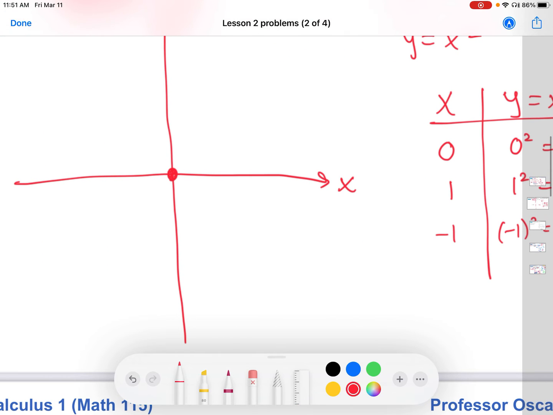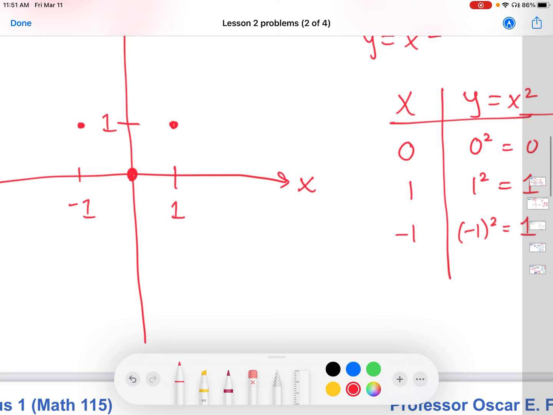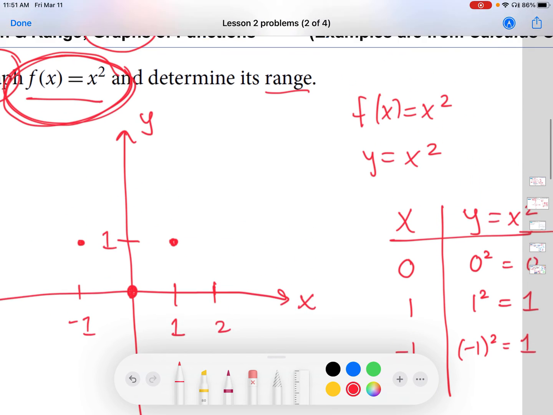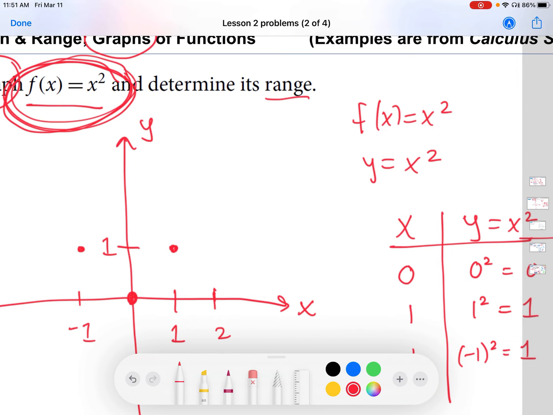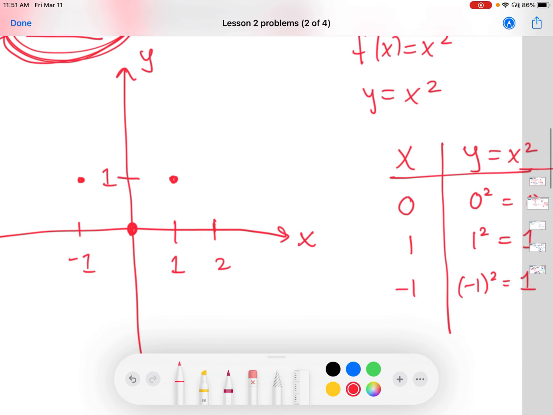Okay, so I'm going to plot these points here. If x is 1, y is 1. There we go. If x is negative 1, y is also 1. There we go. So even from these 2 points, or 3, you can start to see that there's some symmetry in the graph. If x is 2, the rule for this function is just square whatever input you put in. So if x is 2, y is 4.